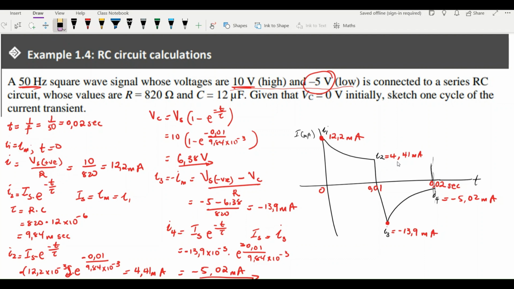And we then calculate the value of I2, given that the value of I1 becomes the maximum current before going low. And then we move again to find the value of I3, for which we first need to find out how much voltage the capacitor received before discharging. At this point we've obtained that the capacitor before discharge had charged to 6.38 volts. Now we subtract that 6.38 volts from the negative 5 low voltage. That will be minus 5 minus 6.38 volts divided by the resistance present in that circuit.